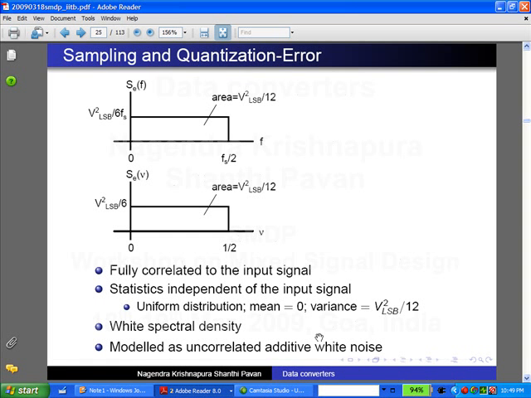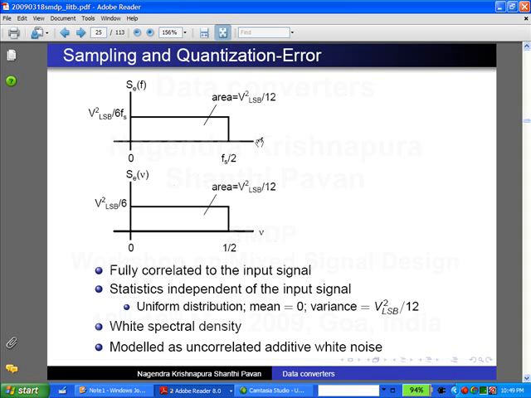So I take the input signal. The input signal has some frequencies, and after sampling it will have frequencies from 0 to fs by 2. What this white noise assumption is saying is it is equally distributed between 0 and fs by 2. Now this is how it is distributed.